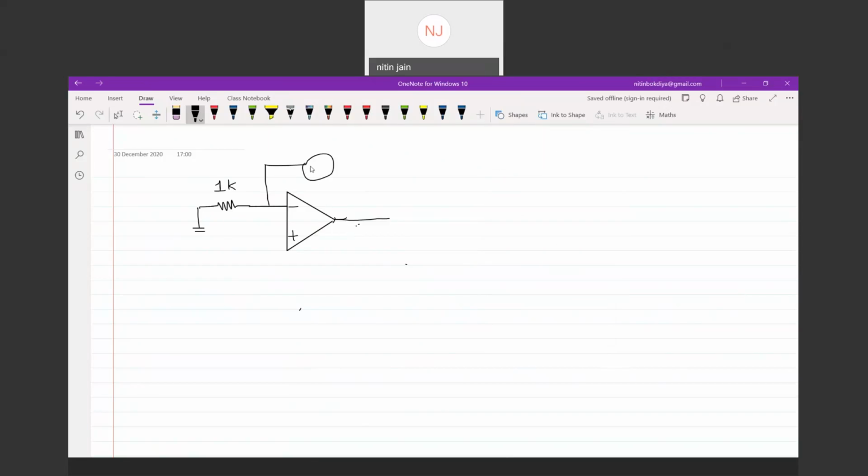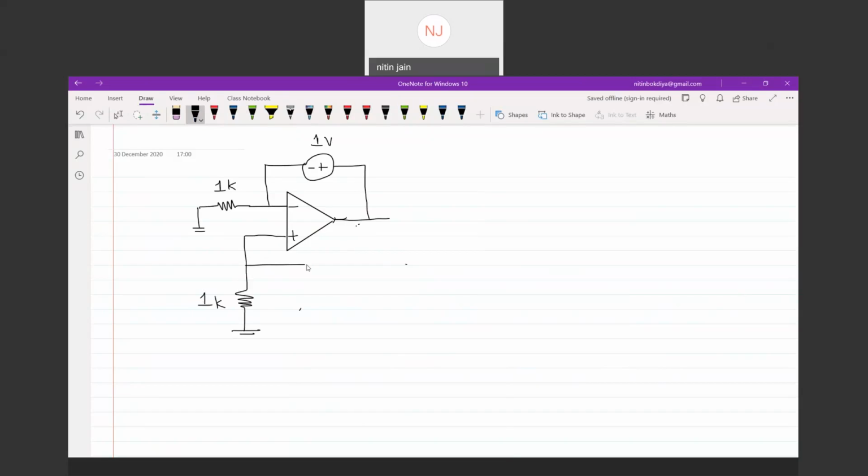A voltage source of 1 volt is connected here, minus and plus.